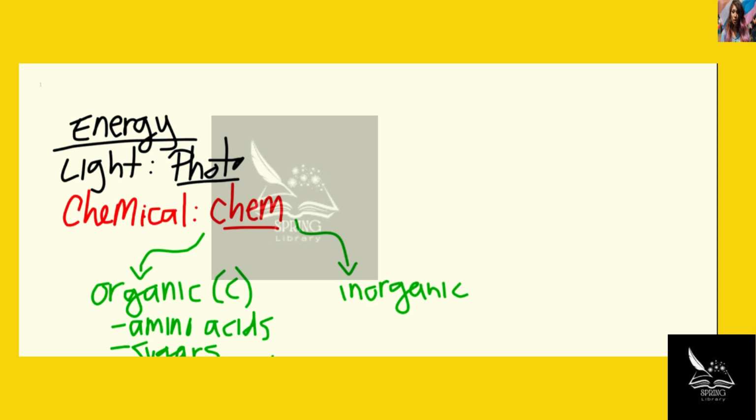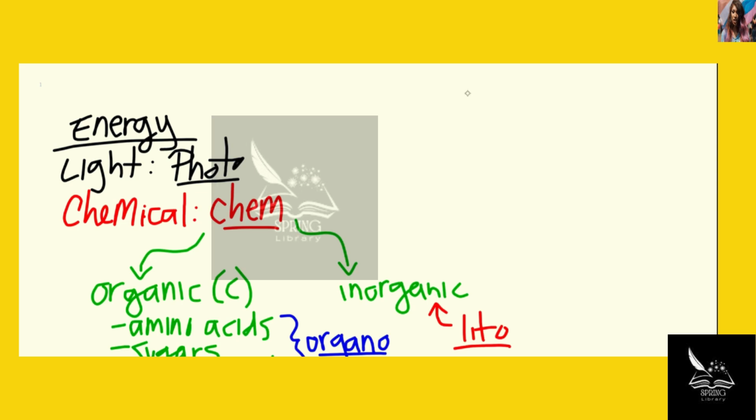However, if you are of this organic kind, then you'll be an organotroph, which makes perfect sense, so then you'll see organo in it. And if you're the inorganic, then that's where you see the litotrophs.